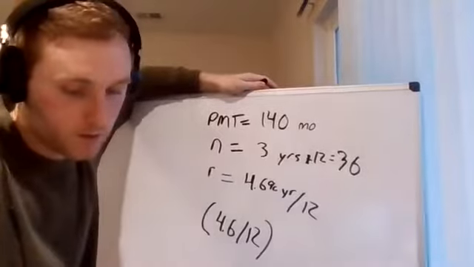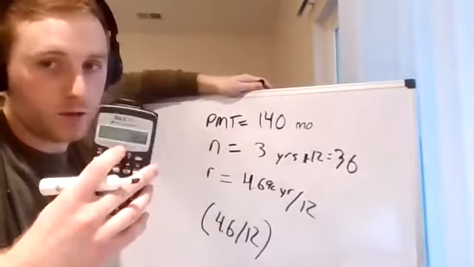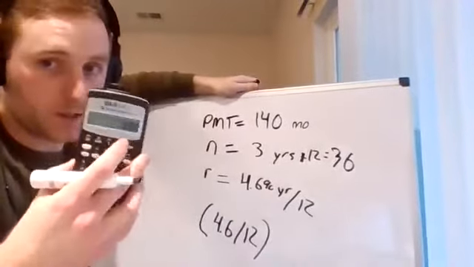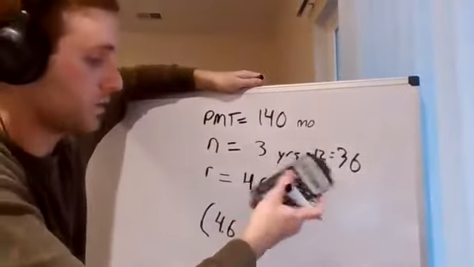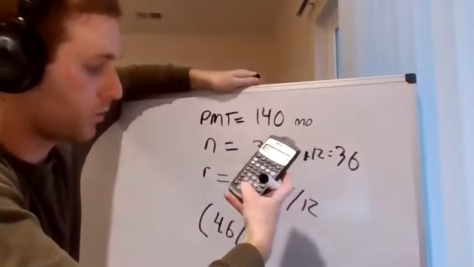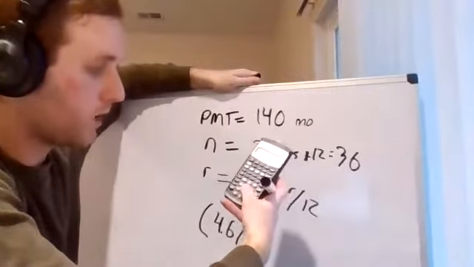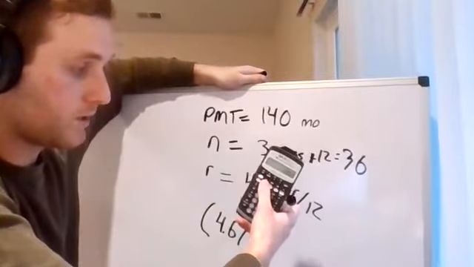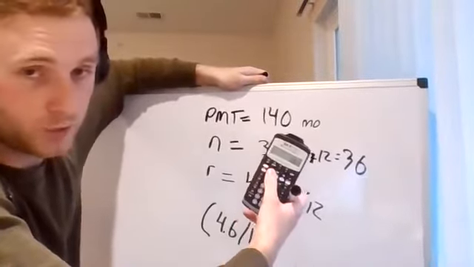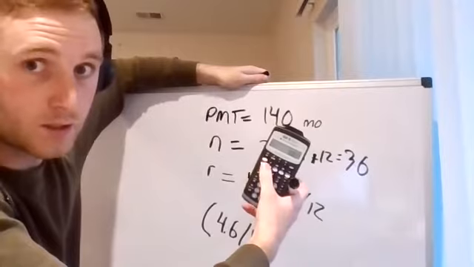What I realized is whatever I'm doing in here is technically within those parentheses as long as I hit the right button. So since I'm trying to do interest rate, once I do 4.6 divided by 12 equals, and I get that number, that's all within the parentheses as long as I put it in the interest rate, if that makes sense.